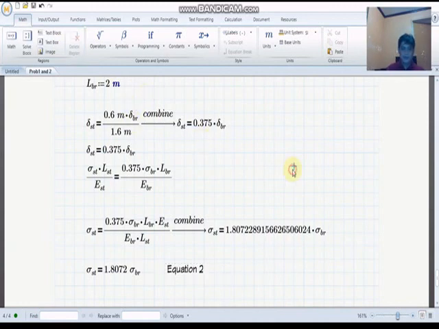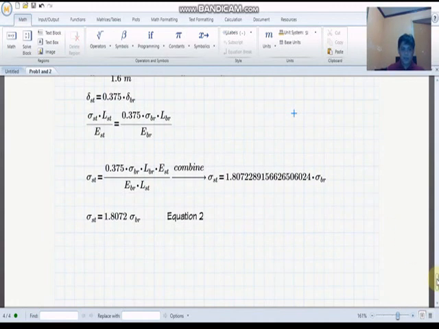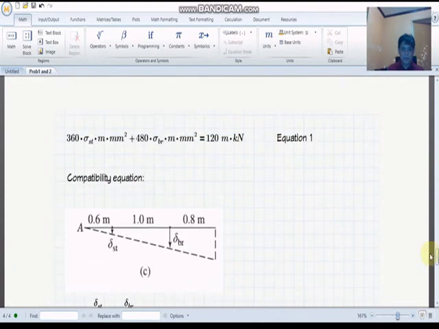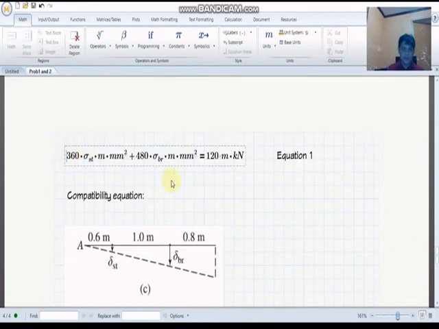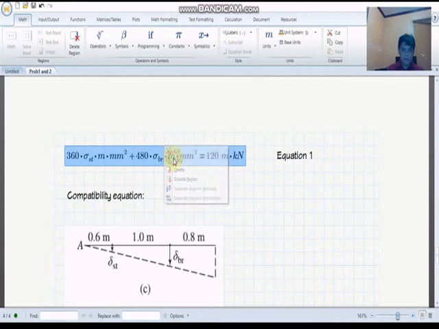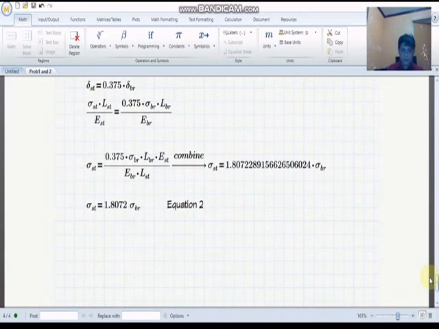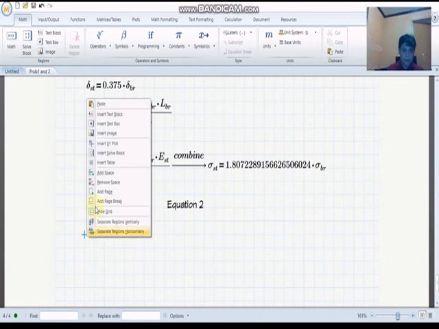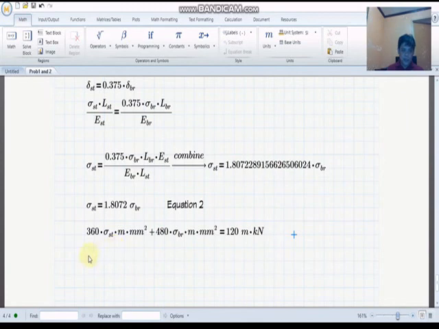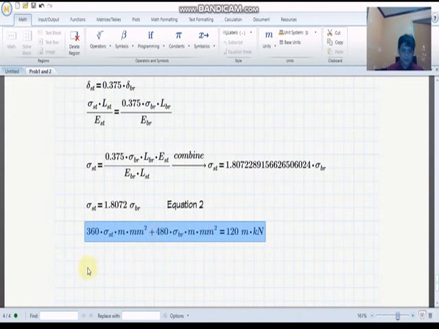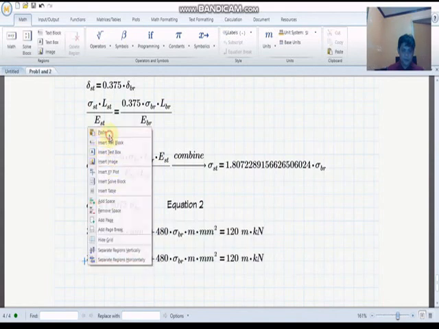Okay. So having determined equation 1, equation 2, we can now combine the two equations. So our equation 1, and then let's substitute the value of the stress in steel.